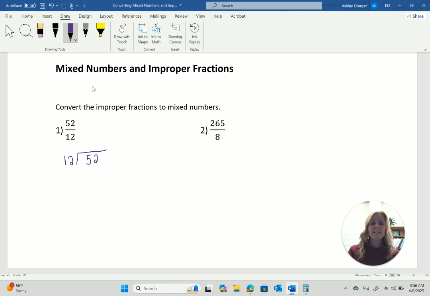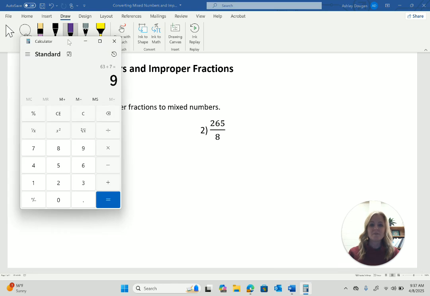We're going to look at how many times 12 will go into 52. So again, this is our multiplication facts coming back. This whole fraction chapter involves refreshing our memory on multiplication, and we can use our calculator to help us if we need to.